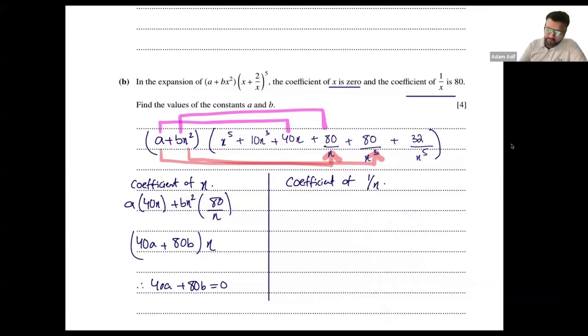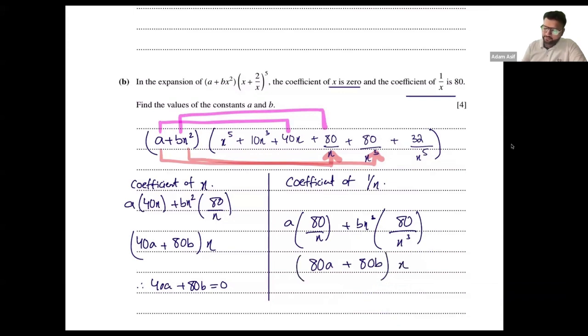Got it? So a is going to be multiplied by 80 upon x, plus bx square is going to be multiplied by 80 upon x cube, which is going to give us 80a plus 80b times 1 upon x.